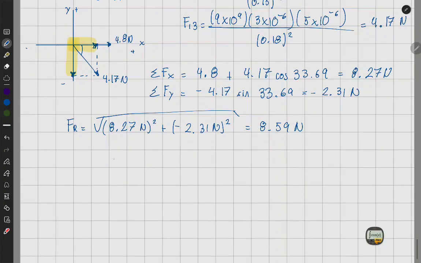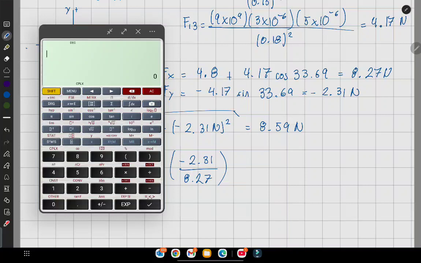And at the end, to find the angle, you can use the inverse of the tangent, and it's always the same: minus 2.31 over 8.27. So shift tangent, 2.31 over 8.27.